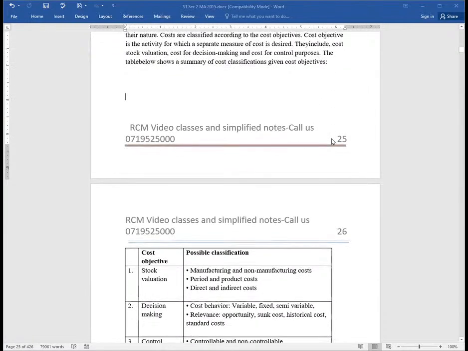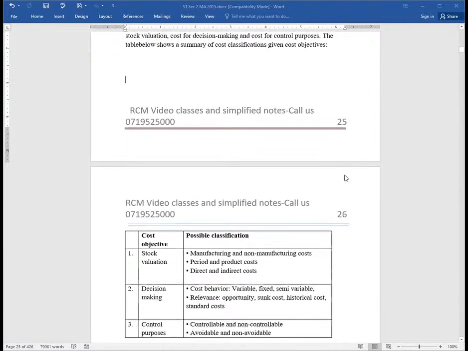So look at this. Cost objective, like the first goal, will be to carry out a stock valuation. We have decision making, control purposes.